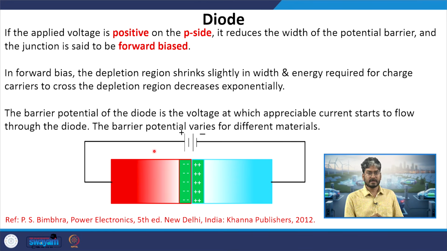When we connect this type of voltage across the diode, what will happen? Holes are positive in nature and we have a positive voltage supplied, so they will try to cross the barrier, and ultimately the width of the barrier will shrink. As I increase the positive bias voltage, the current will increase exponentially.